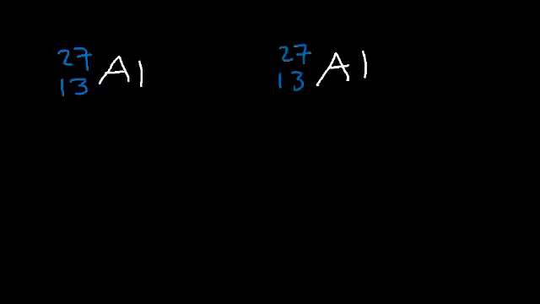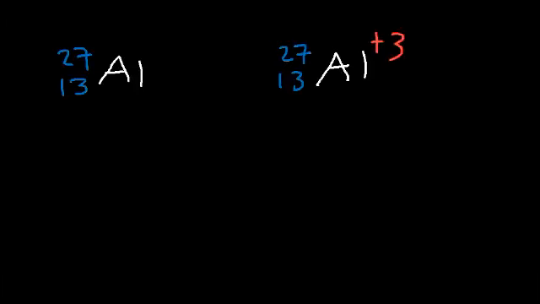Now, a common question that you might see in chemistry is you need to be able to determine the number of protons, neutrons, and electrons inside an atom or an ion. So let's say you have the aluminum atom, which has a mass of 27 and the atomic number of 13, and also the aluminum ion, which has a charge of +3.